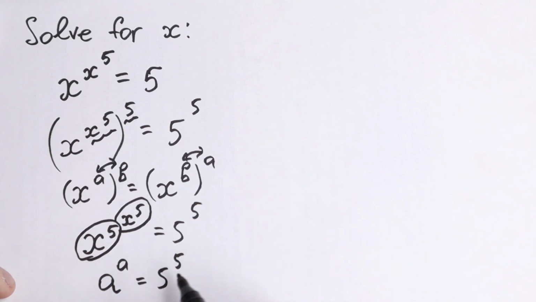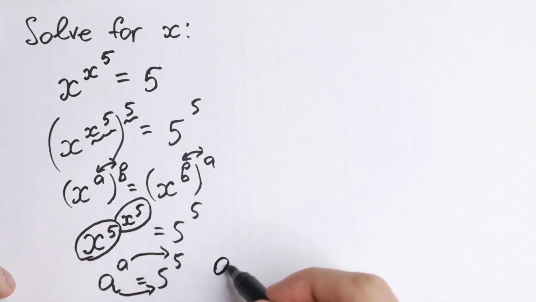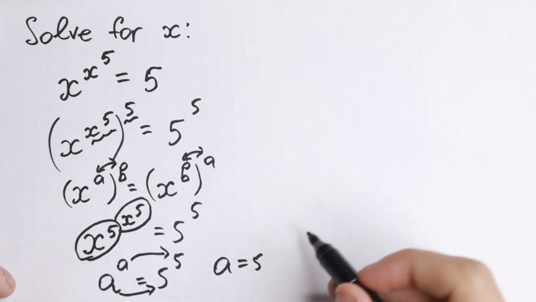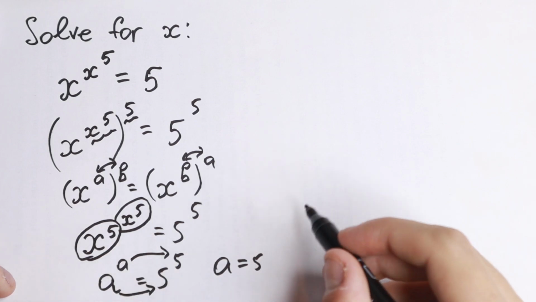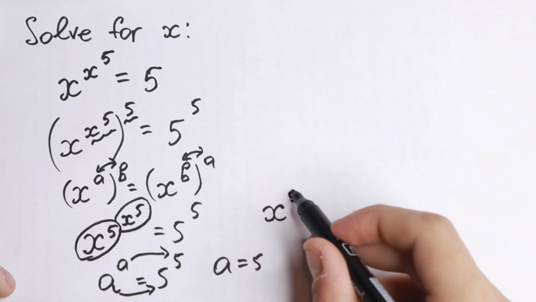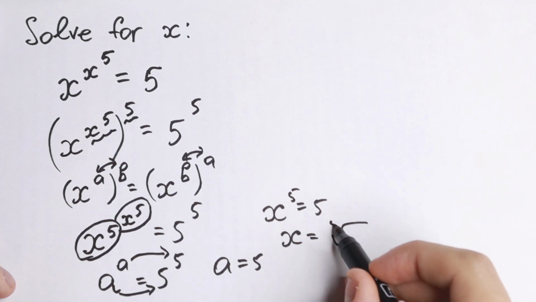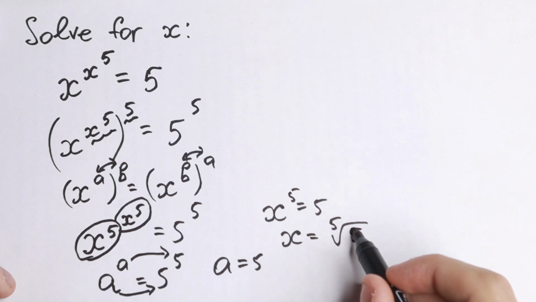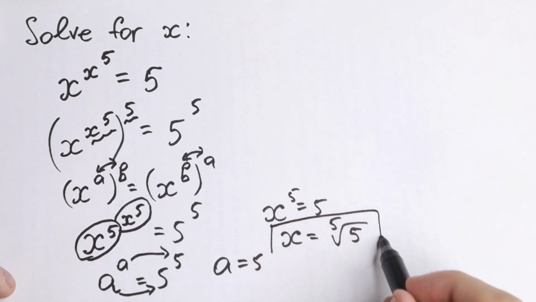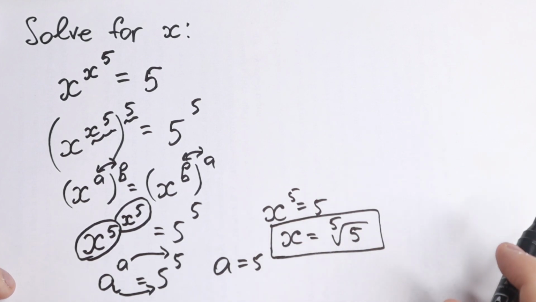So the one and only case that this equation works is when a equals 5, so we have a equal to 5. Moreover, a equals x to the 5th power, so we have x to the 5th power equal to 5, and x equals the 5th root of 5, and this is our answer to this problem.